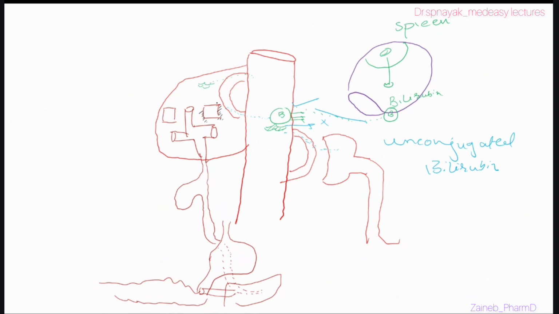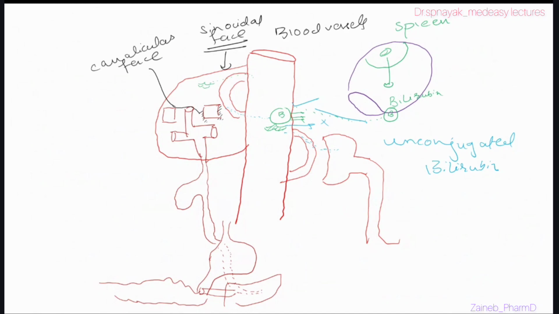The front phase is known as the sinusoidal phase, and it will face the blood vessels or the capillaries. The back phase is known as the canalicular phase. It will face the biliary system, the drainage system, here.